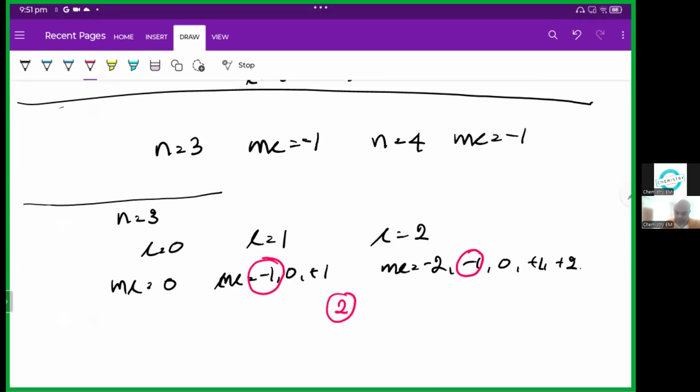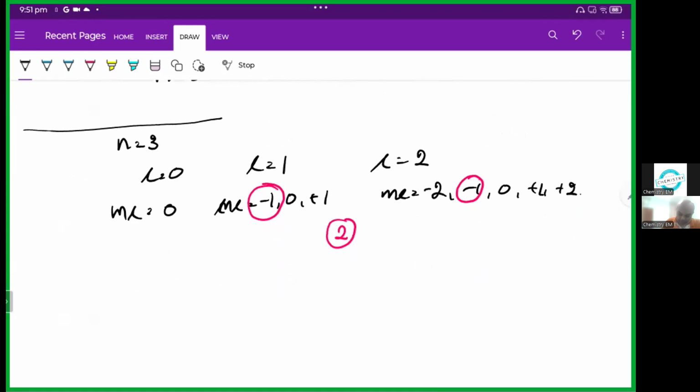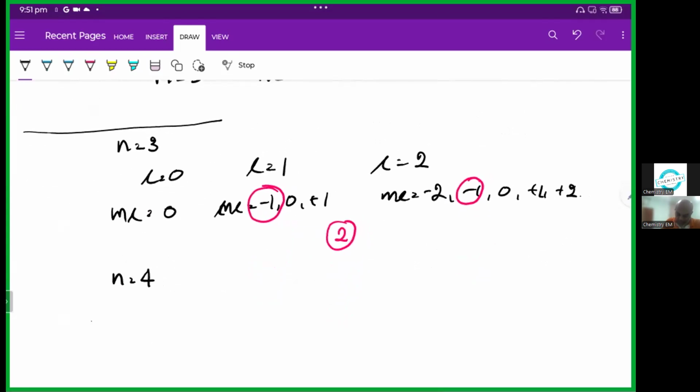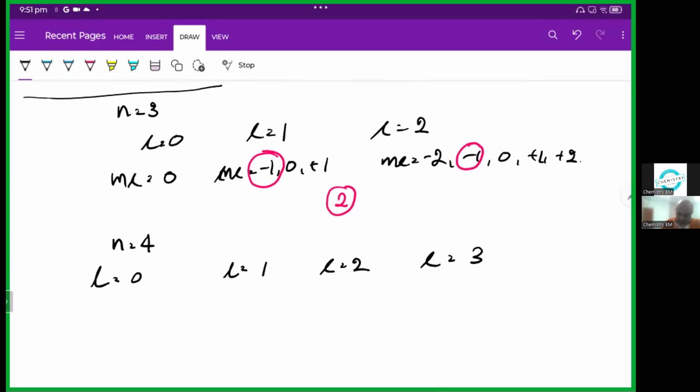Let's go to the next one. n is equal to 4, then ml is equal to -1. To make it clear, l is equal to 0, sorry, l is equal to 1, l is equal to 2, l is equal to 3. Here ml is equal to 0, then ml is equal to -1, 0, +1.